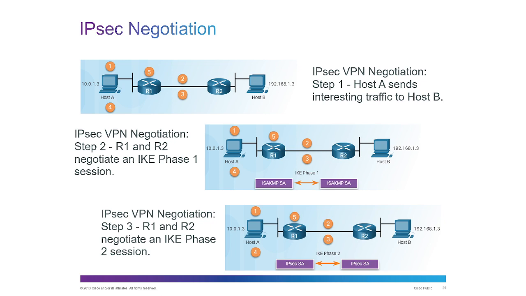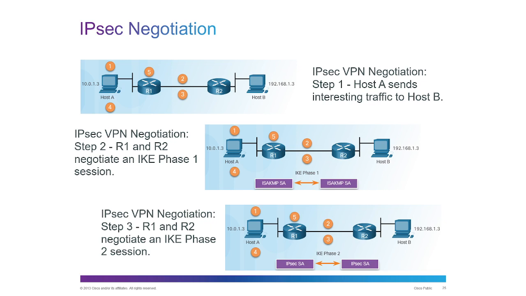It will start with one of the hosts that is initiating, which will need to send some traffic. The host is the one that is going to start sending some traffic.